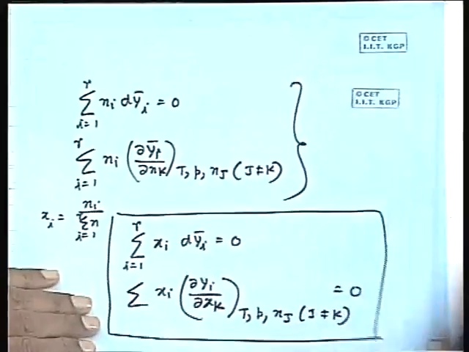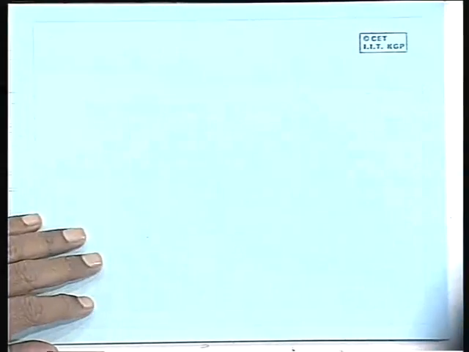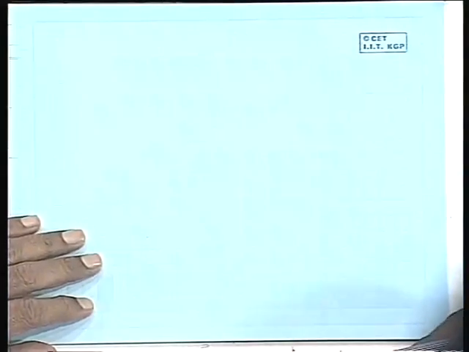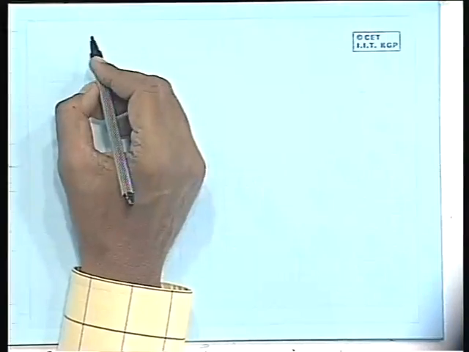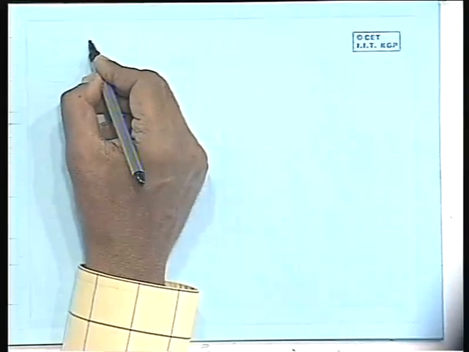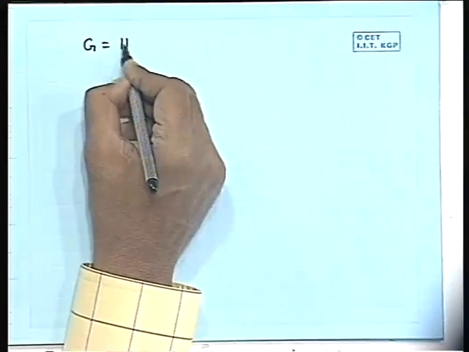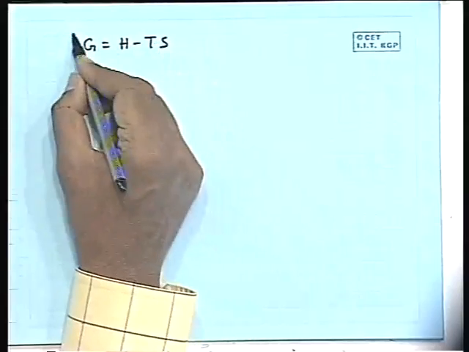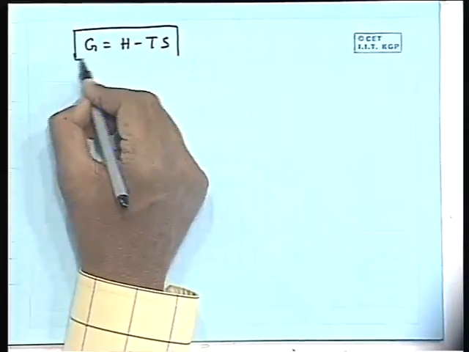Now, we will use this equation to derive some important relations, but before that I will tell you another important thing. We know there are certain thermodynamic relations in terms of differentials or without any differential. For example, G = H − TS. This is a thermodynamic relation which defines the Gibbs function.